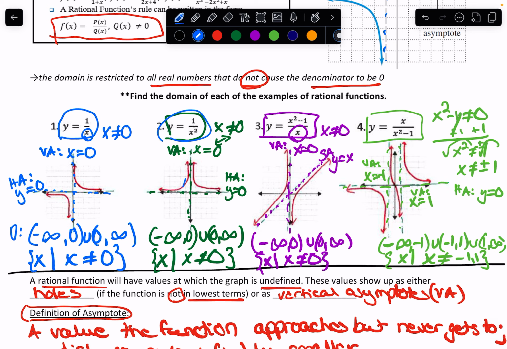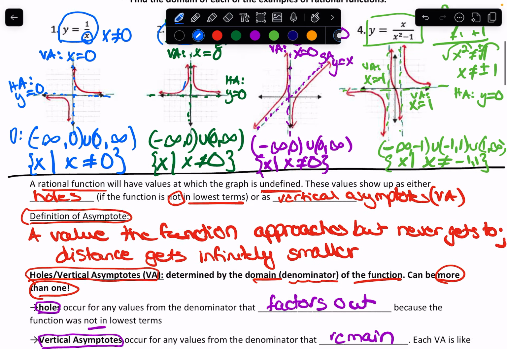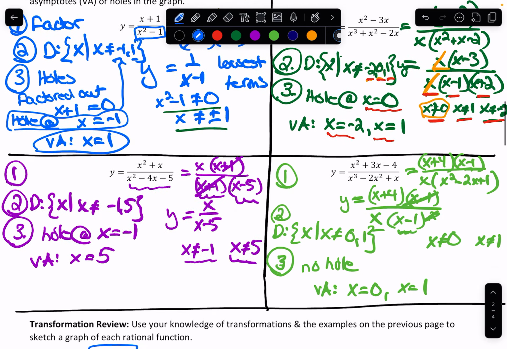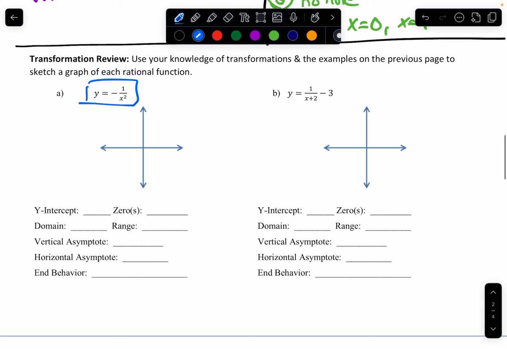So looking at the graph, the parent function looks like this.